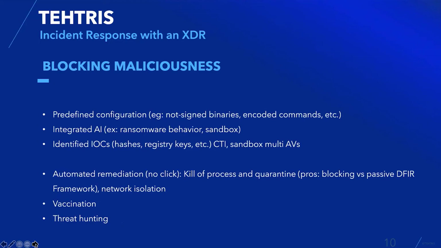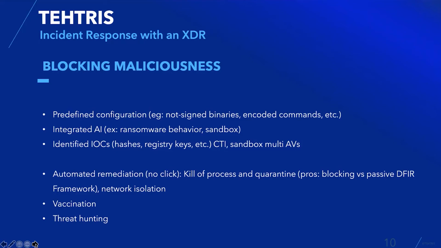So we want to block the maliciousness. For this, we will use configuration of the tool. We will be able to put in place new patterns, new tests, new detection alerts. We can perform this on unsigned binaries, for example, binaries that are executed in specific paths.